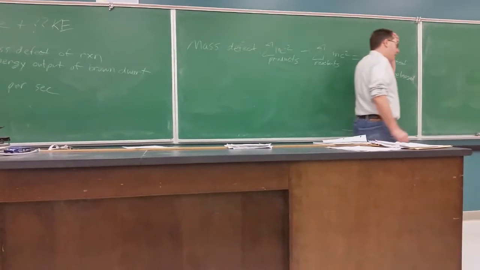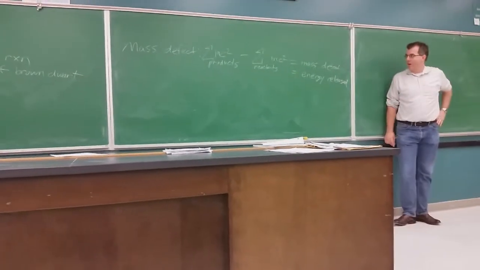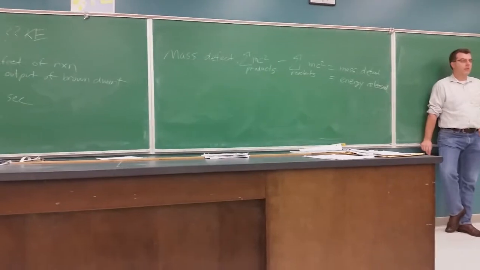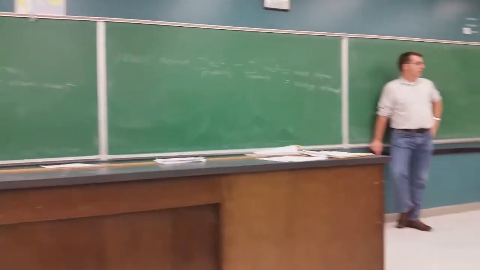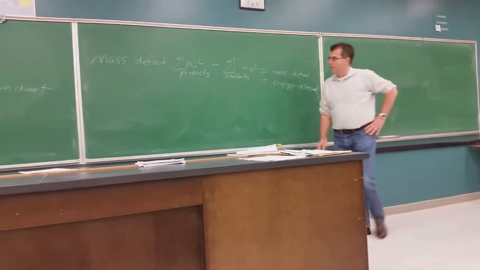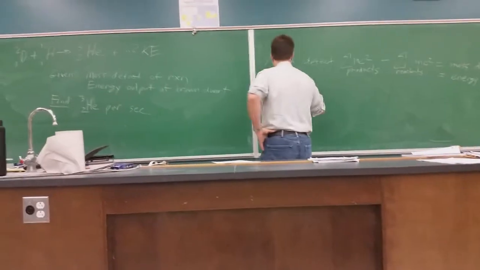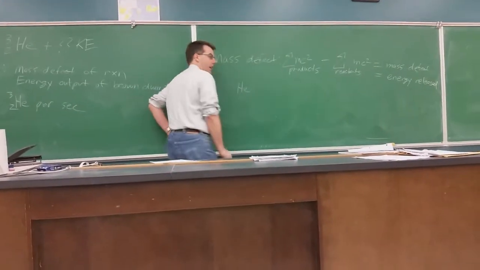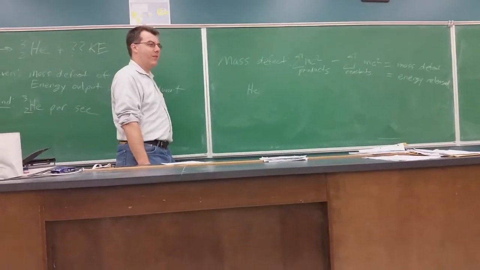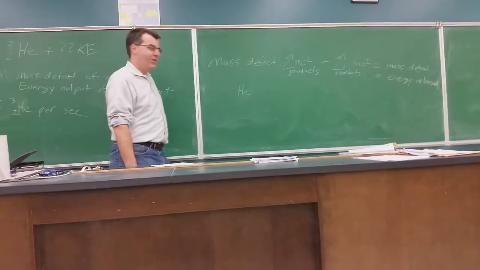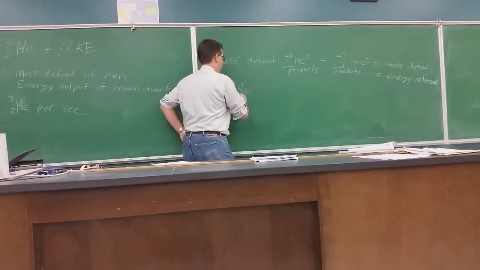So, how are we going to figure out how much helium-3 a brown dwarf is producing each second? Yeah? You take the amount of energy per reaction and then do some math with the output. Do some math. Okay, so if you just write, and then I do some math on the test, I'll give you a couple of points. What is that some math that you would put on your test paper?